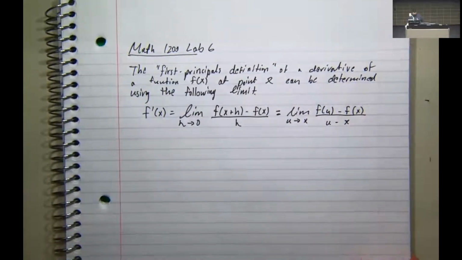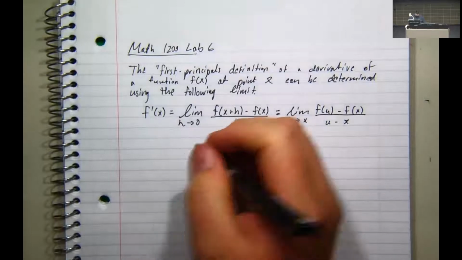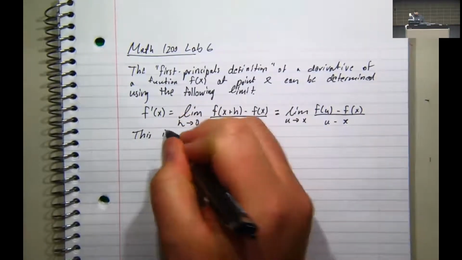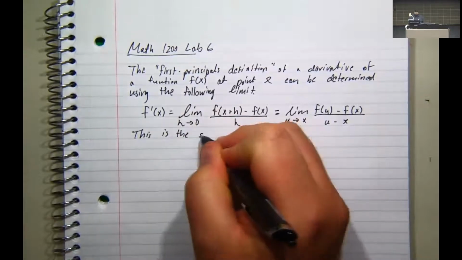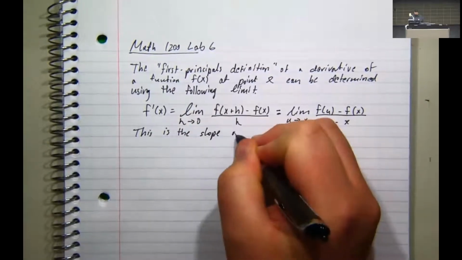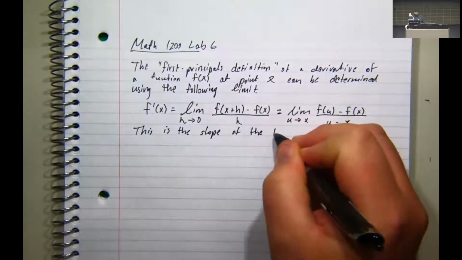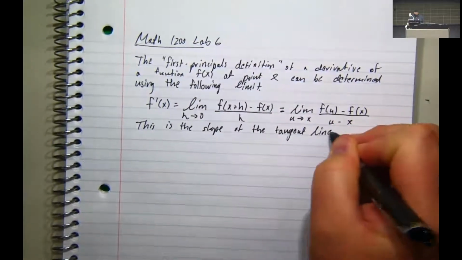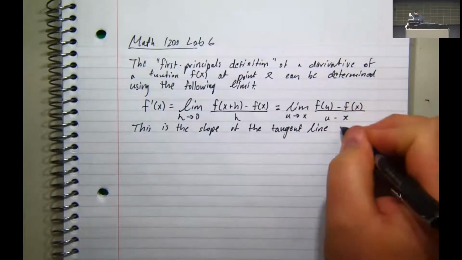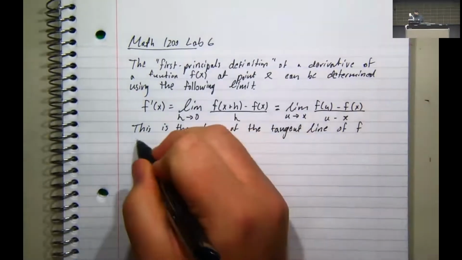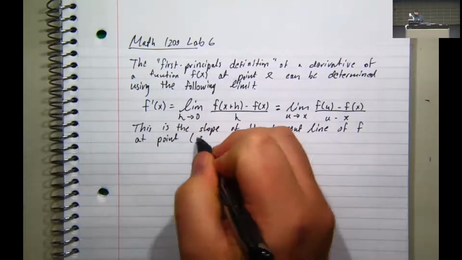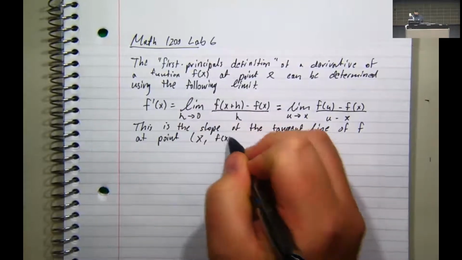Okay. And this is the slope of the tangent line of f at point x, f at x.